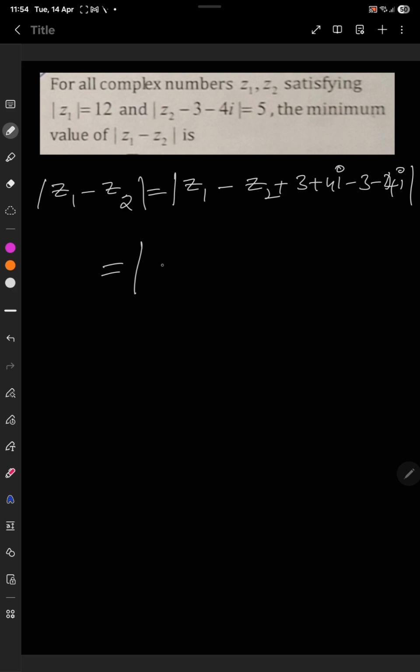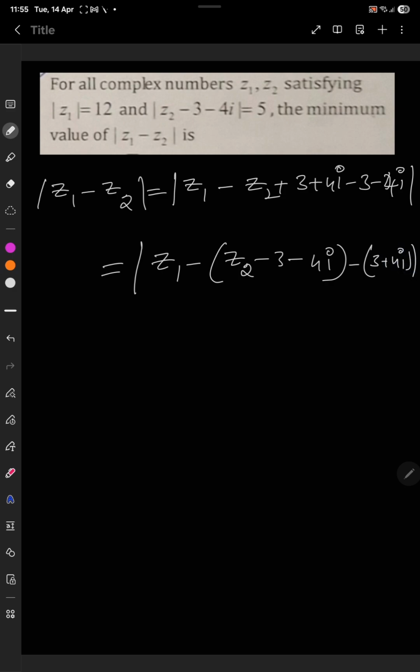Now you can write it as z1 minus, by taking minus common, z2 minus 3 minus 4i, by taking minus common, 3 plus 4i.